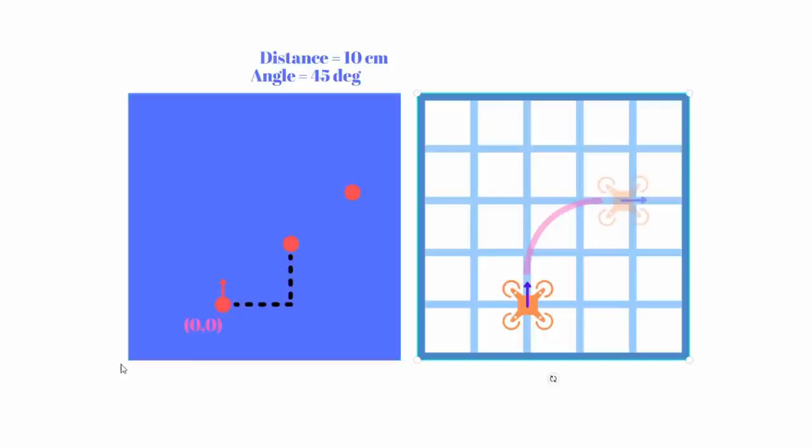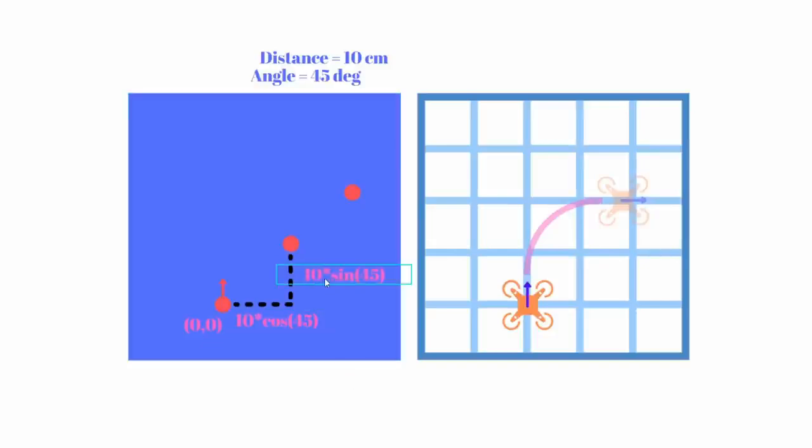So we can write the equation where d is your distance: d multiplied by cosine of 45, where d here will be the value of 10, and then we will have the sine, where d here again will be 10.